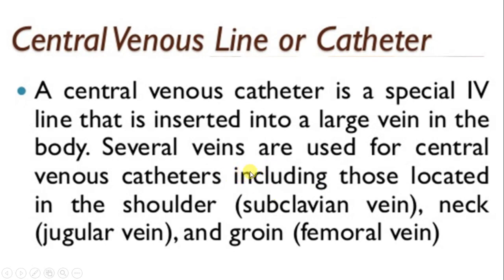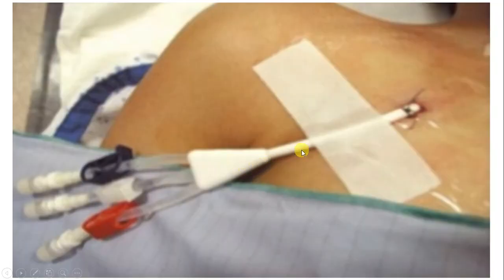In the previous slide I have shown you the central venous catheter put into the internal jugular vein. So here you see the same catheter has been put through the subclavian vein. Here is the catheter going first into the subclavian vein, and the technique you can see is below the clavicle at the junction of the medial 1/3 and lateral 2/3.